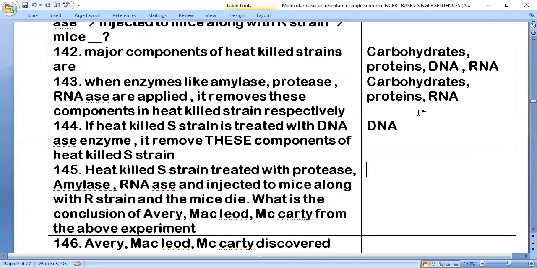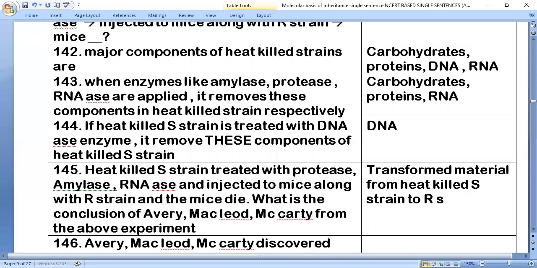Heat killed strain treated with protease, amylase, RNase and injected to mice along with R strain, the mice die. What is the conclusion of Avery, MacLeod, McCarty from the above experiment? Transformed material from heat killed strain to R strain is DNA.